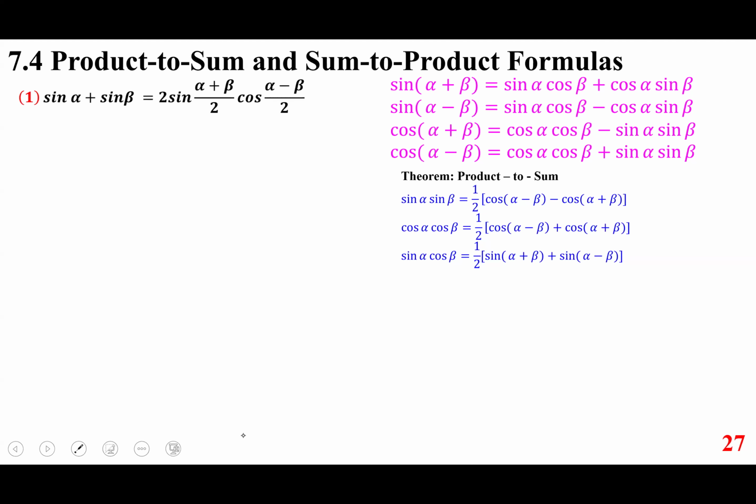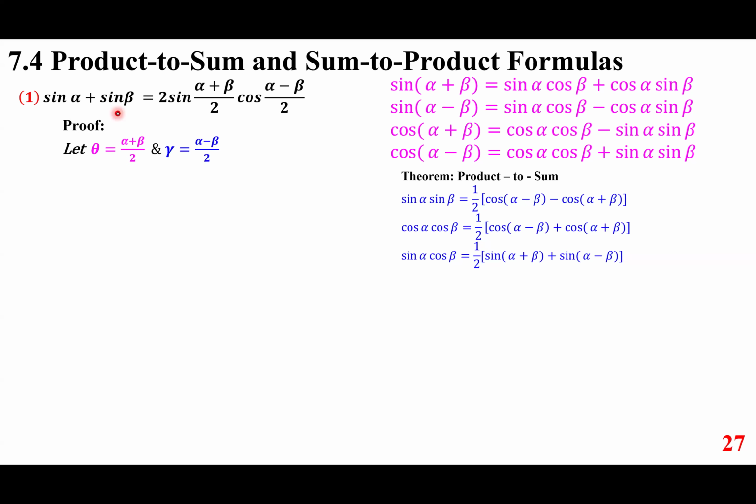So sine of alpha plus sine of beta is 2 sine alpha plus beta divided by 2 cosine alpha minus beta divided by 2. We are going to prove that.